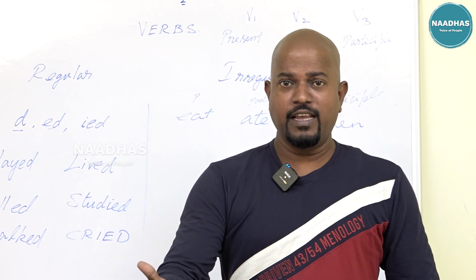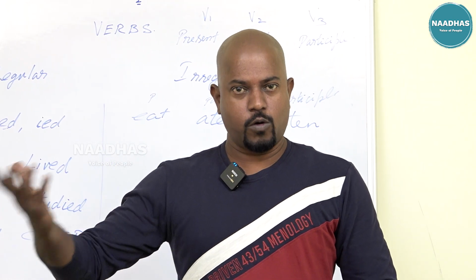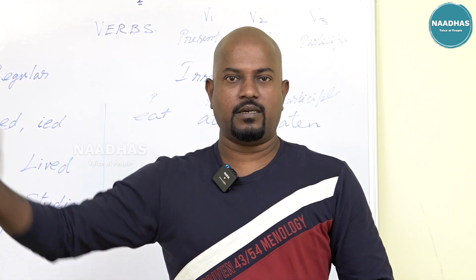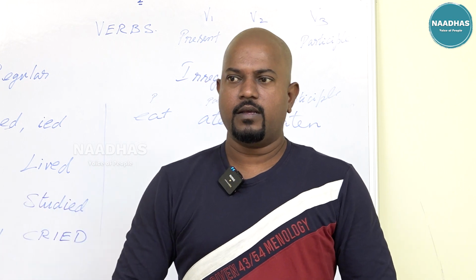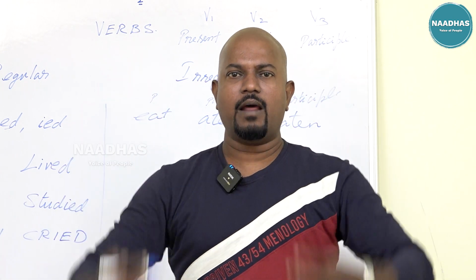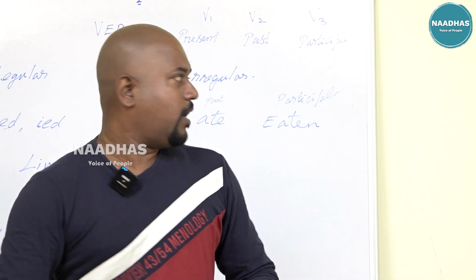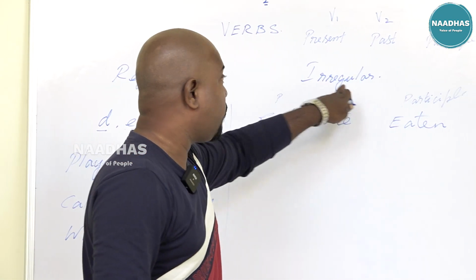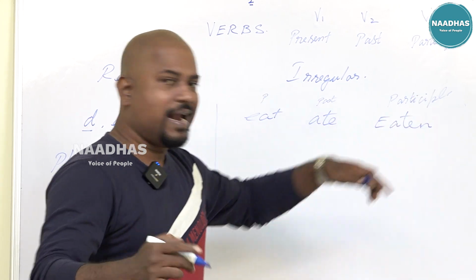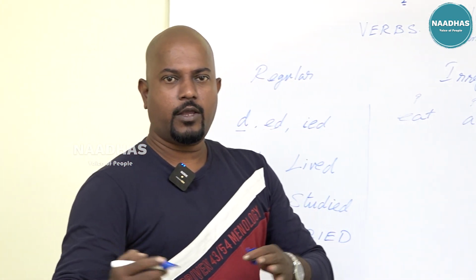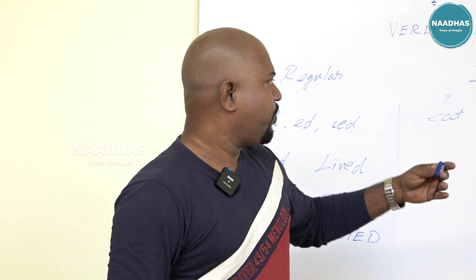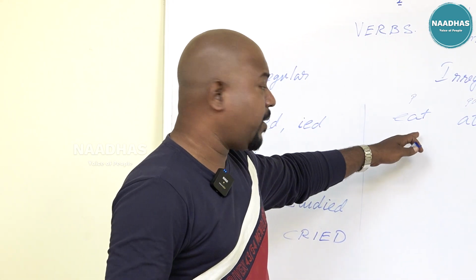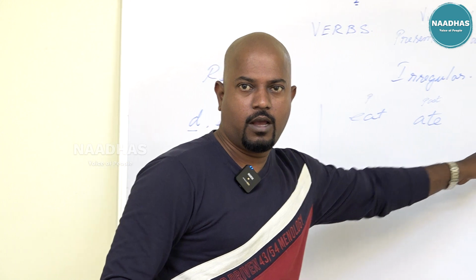Then freeze, froze, past tense, frozen, participle form. All right. Then we have n number of irregular verbs, because many verbs will only be in the irregular format. By adding just d, ed, you cannot make it into the past form. It has to be memorized, or you have to be familiar with all these verbs.